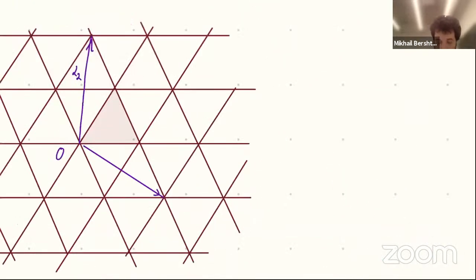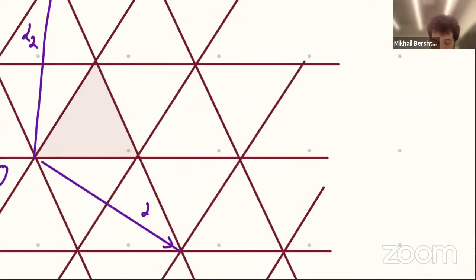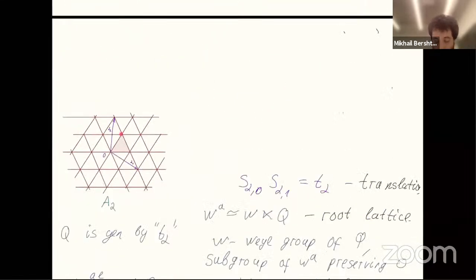So this is alpha 1, and this is alpha 2. Integer points here belong to the weight lattice, and these alphas generate a sublattice which is the root lattice. Maybe I draw the sublattice in bold. This sublattice should be of index 3 for SL3.